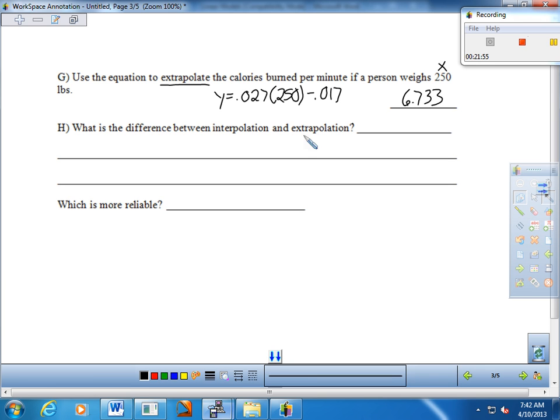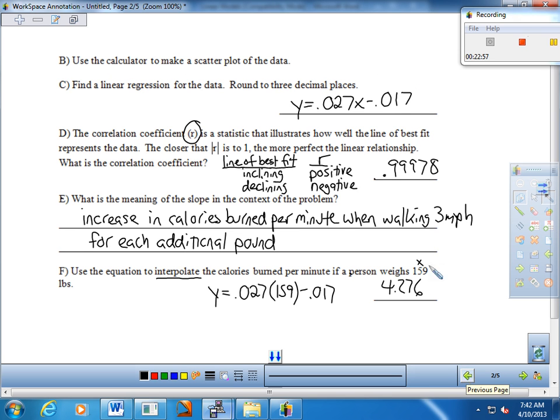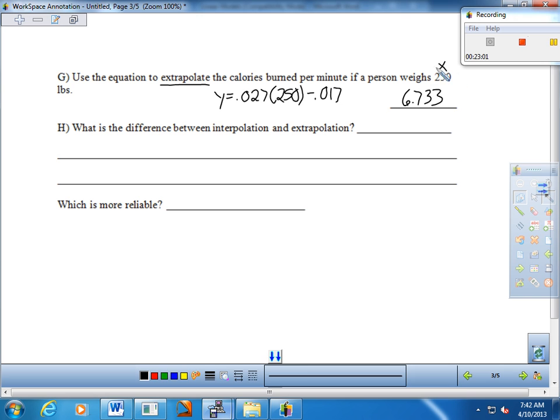So what is the difference between interpolation and extrapolation? Well, I hope you realize that it really all came down to the numbers. I used interpolation with a body weight of 159, and I used extrapolation for a body weight of 250 pounds. What is the primary difference between those two values?